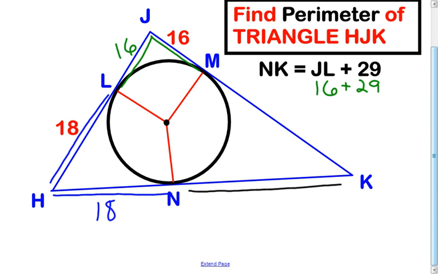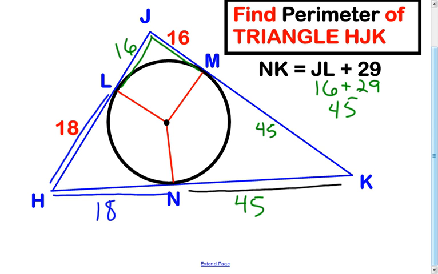So if I add those two things together, I'm going to end up with 47. So the length of segment, oops, not 47, I can't add right now. Let me try that one more time. Let's go with 45. So this is going to be 45 units long, which means then the length of segment KM is also going to be 45 units long because they are tangent segments that share an endpoint.